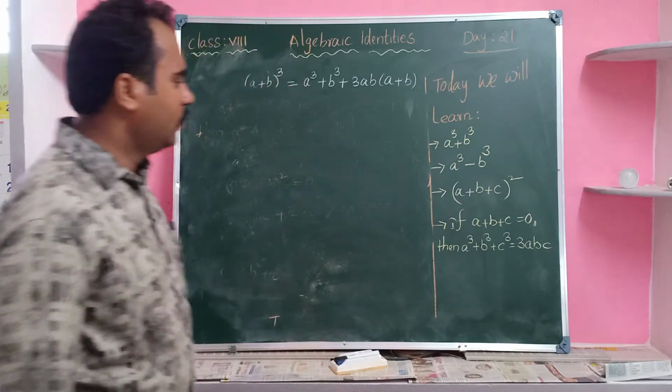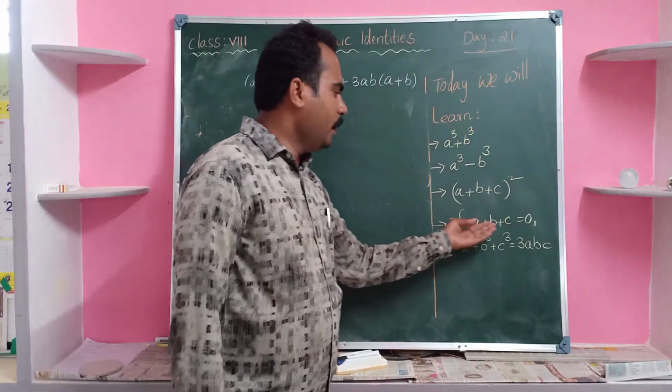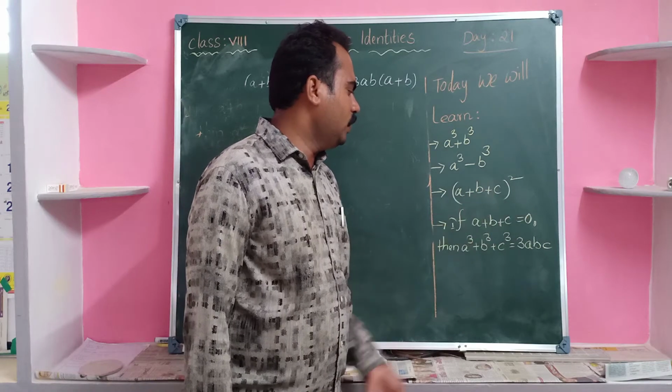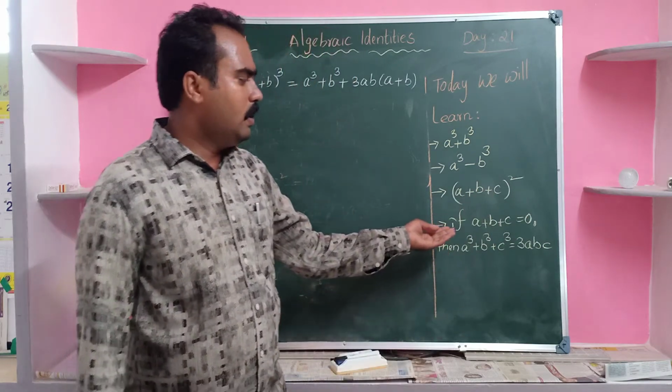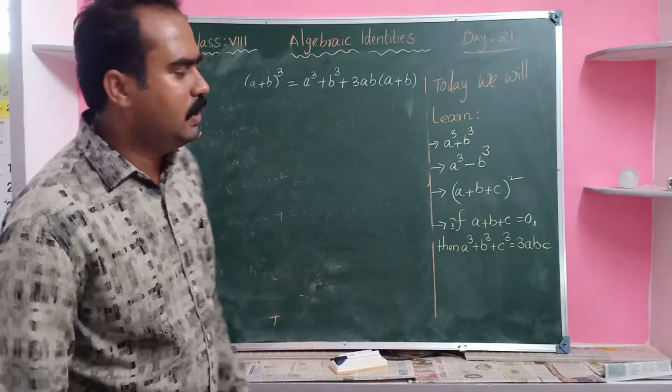Now this one. So here the condition is: if a plus b plus c is equal to 0, then a cube plus b cube plus c cube is equal to 3abc.